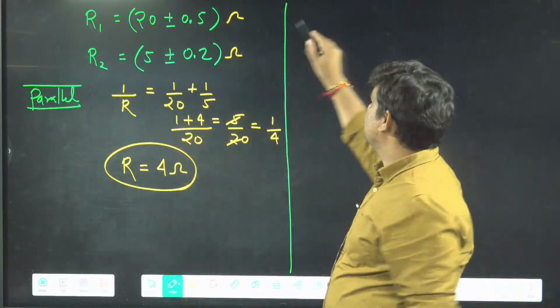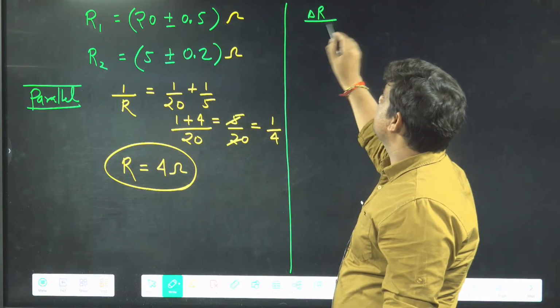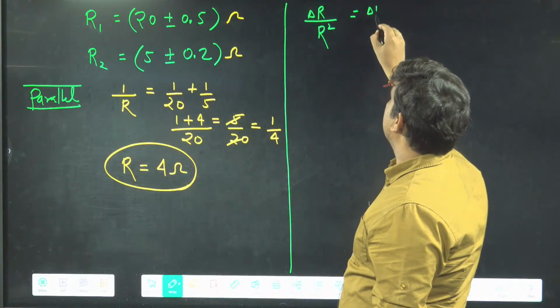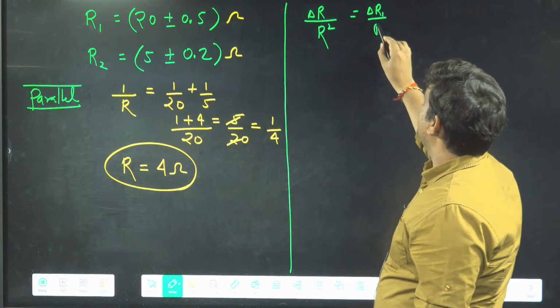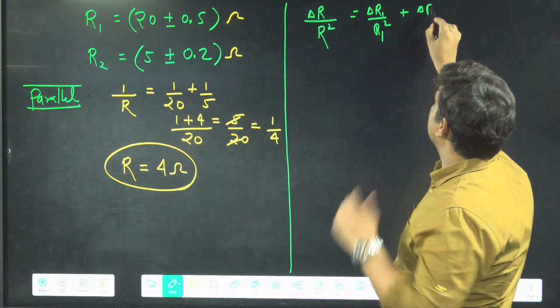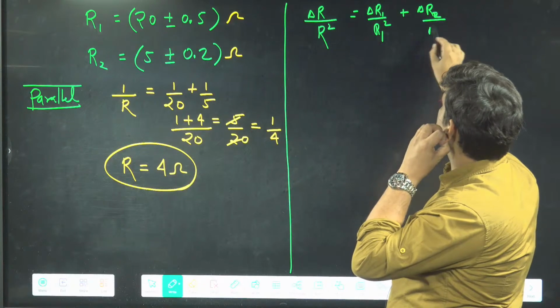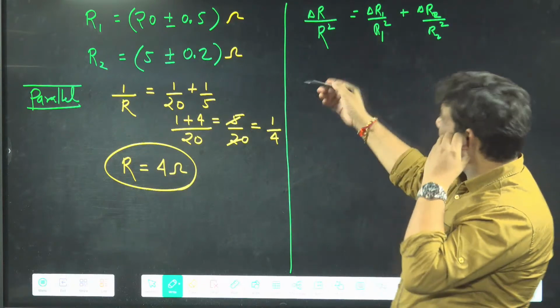Now the question is almost finished, because we will write here (delta R by R) square equal to (delta R1 by R1) square plus (delta R2 by R2) square. It will take some time, no problem.